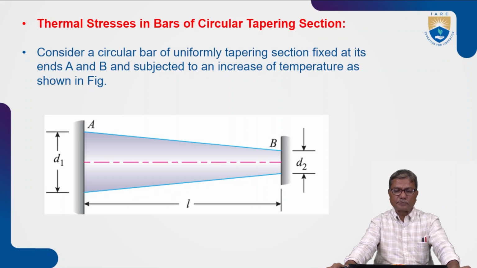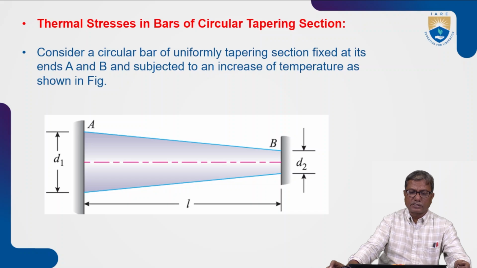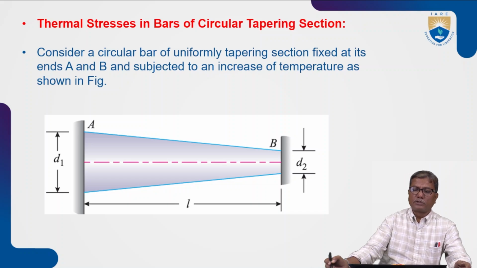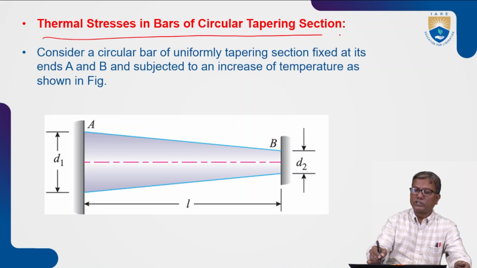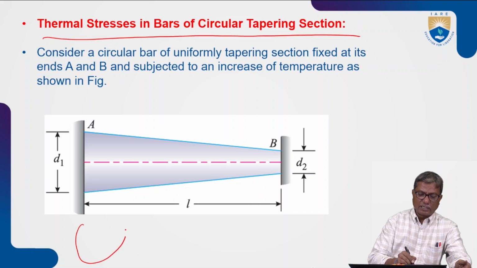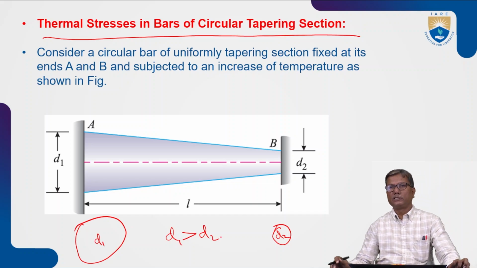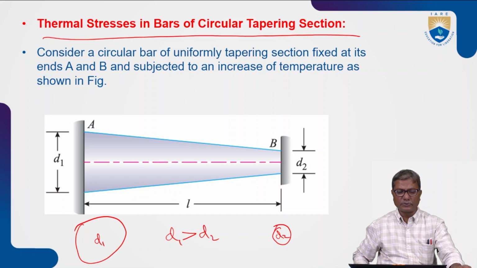Next, we have seen the case of uniform bar, and let us see the case of tapering bar of circular cross section. The thermal stresses induced in a circular tapering section. At one end it has diameter d1, at other end it has diameter d2, and d1 is greater than d2 here.